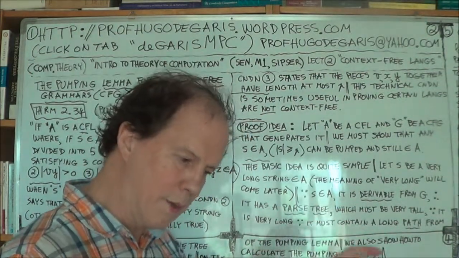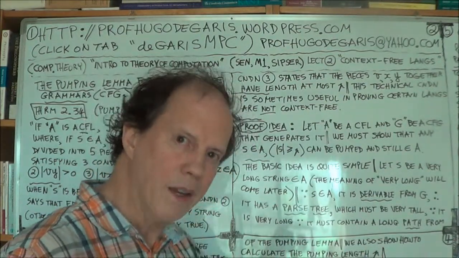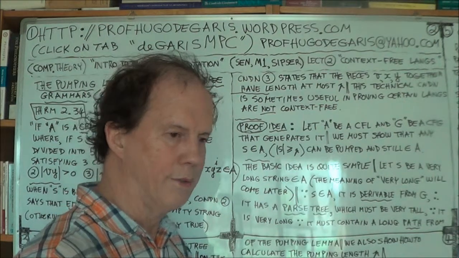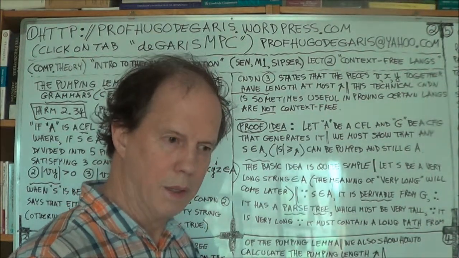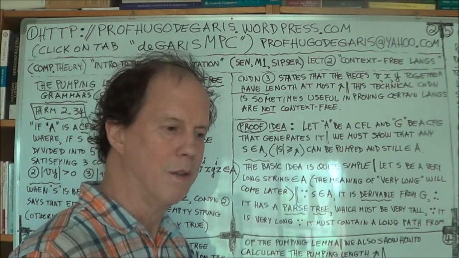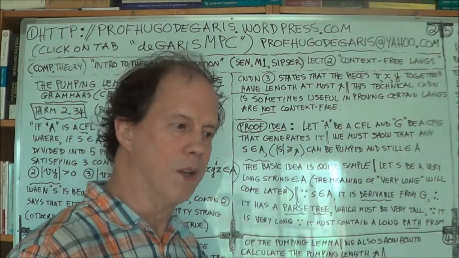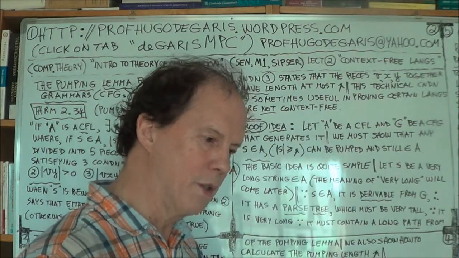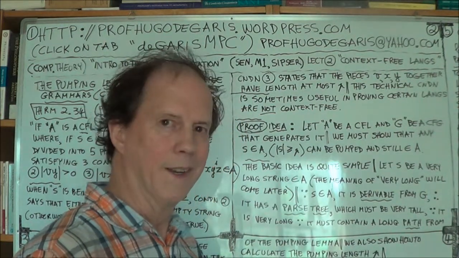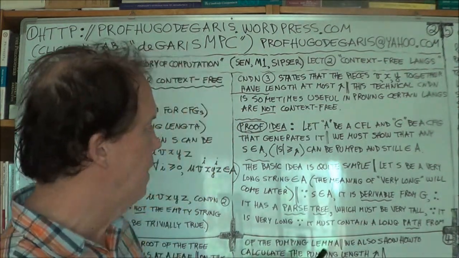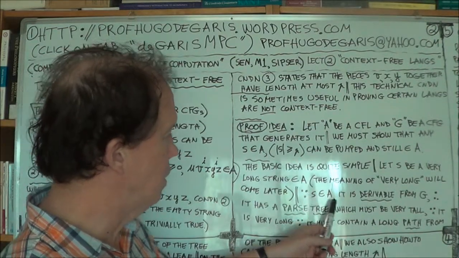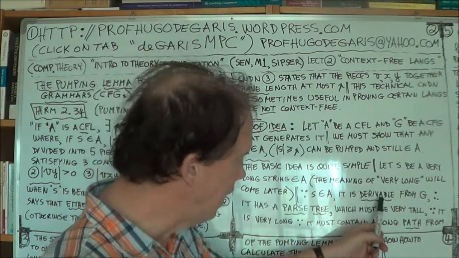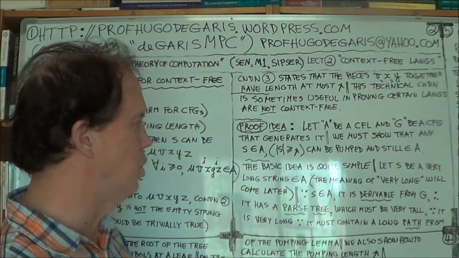You keep doing this step by step, and that's called deriving, until eventually you get a string that's totally of terminal symbols. Then the derivation stops, because you've derived the string by a series of substitution rule applications. So this string is derivable from G.